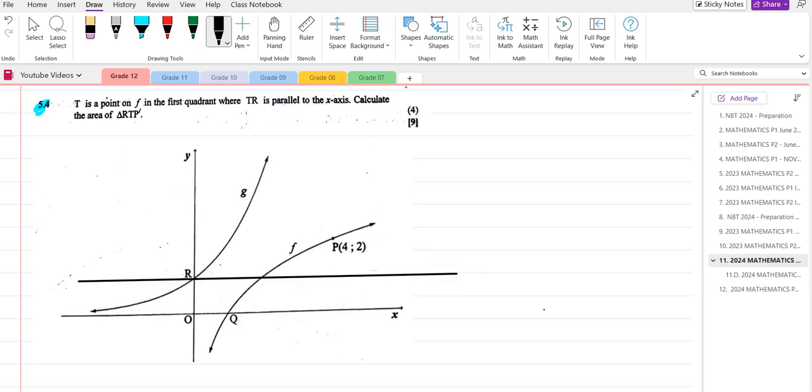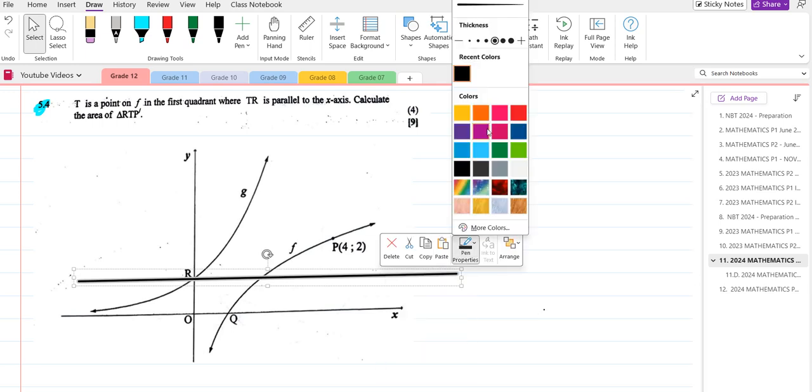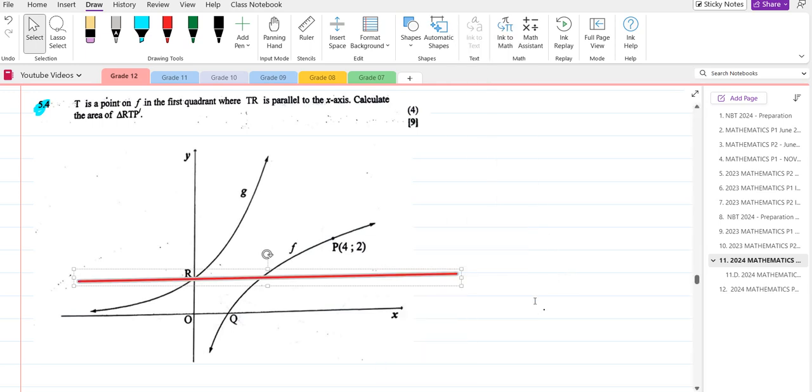That's what I'm trying to draw here. Let me change the color of this line. Alright, so we have TR. Remember this line is parallel to the x-axis. So point T is right here.